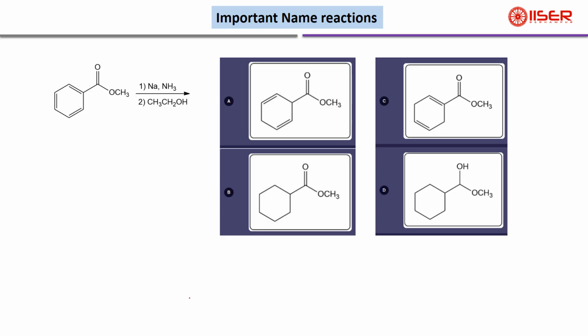So now you can determine how the double bond will be placed. The single electron will be added to this position, and the double bonds will be placed like this and this. So the correct option will be option A.